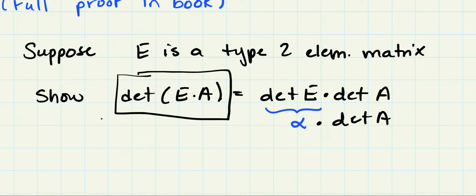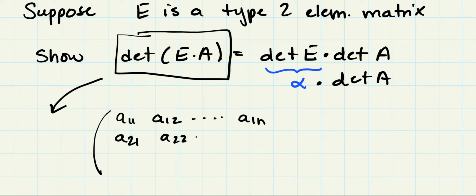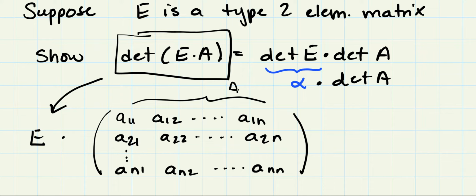So let's see if we can calculate this piece. If I have some n by n matrix, I'm just going to write some stuff out, and I multiply it by this matrix E. Let's call this one A. What's going to happen?